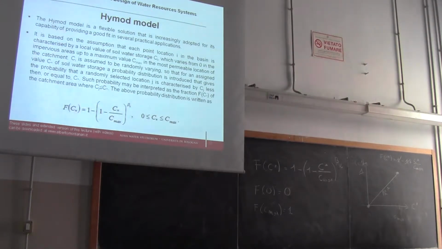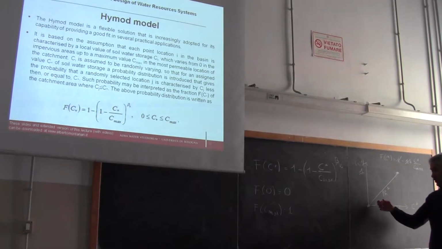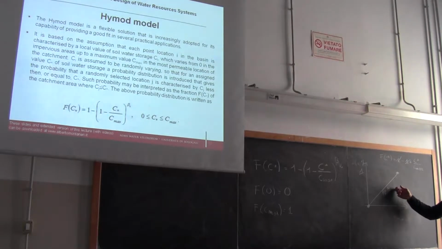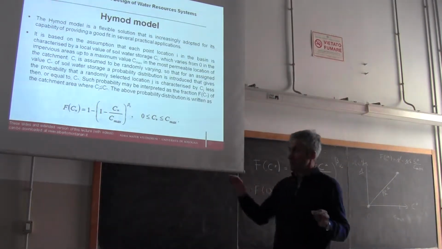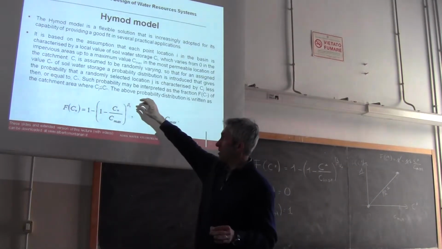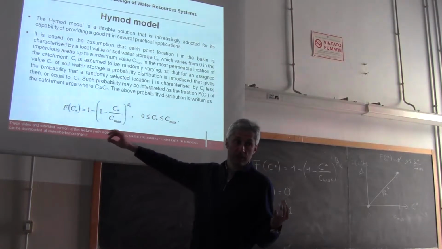Okay, what happens if beta k tends to 0? It's interesting. You see that the shape of this relationship is dictated by beta k. Beta k is the only parameter that is introduced here.